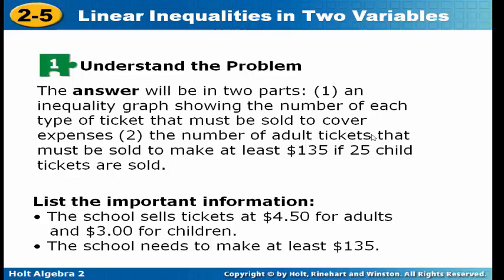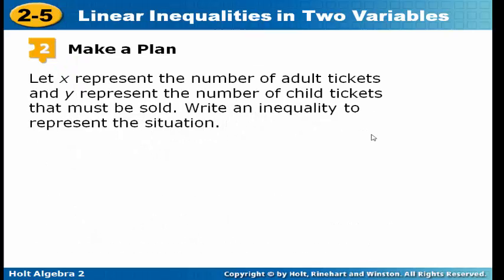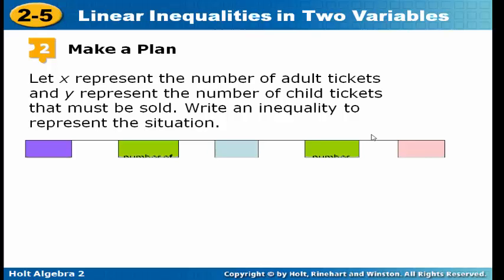The school sells tickets at 4.5 for adults and 3 for children. The school needs to make at least 135. So let x represent the number of adult tickets and y represent the number of child tickets. Write an inequality to represent the situation.